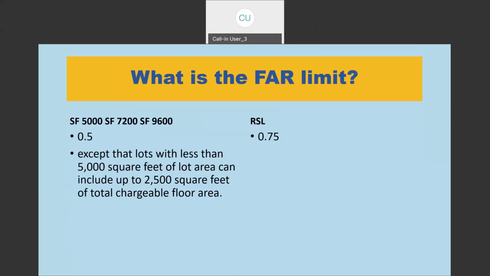So even if you have a smaller 3,200 square feet lot, you're still permitted 2,500 square feet of gross floor area, or FAR. And in our residential small lot zones, our RSL zones, you get a little bit more FAR, you get 75%, and there isn't any other kind of exception along with that.